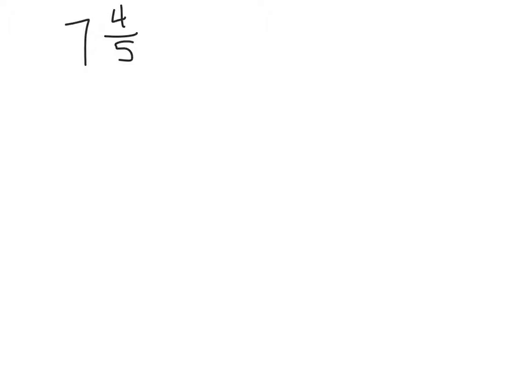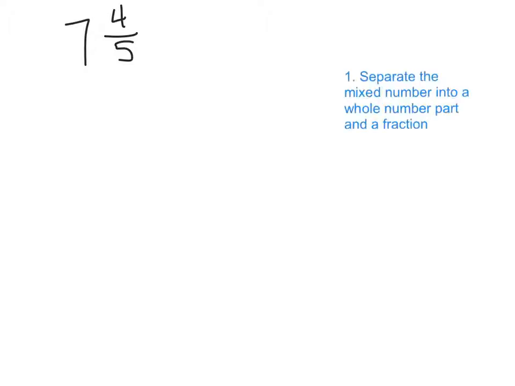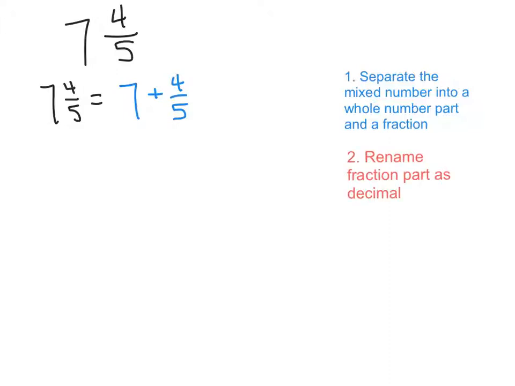4/5. Now remember, our first step is to separate the mixed number into a whole part and a fraction. So 7 4/5 is equal to 7 plus 4/5. They're exactly the same thing, right? And now we rename the fraction part as a decimal.